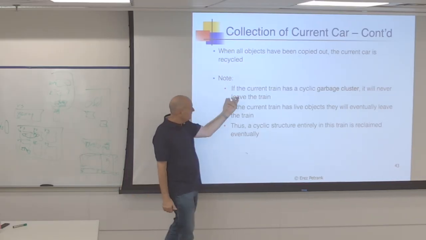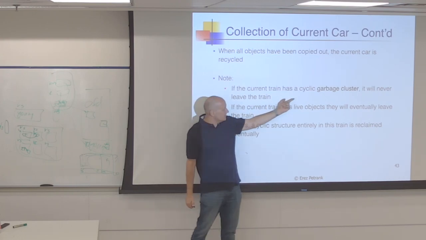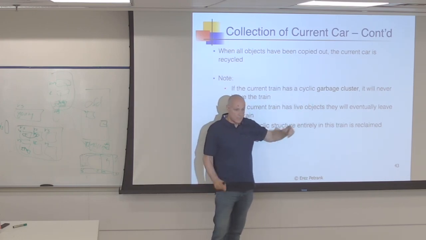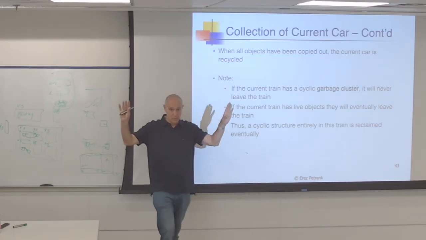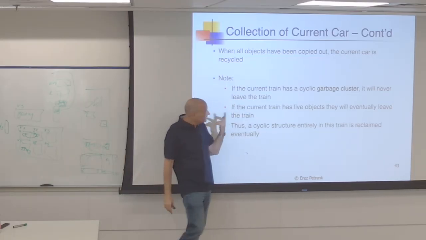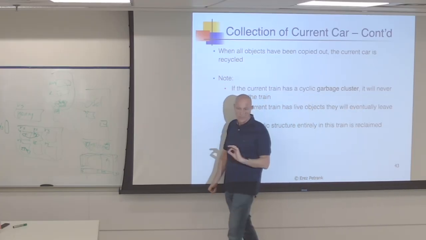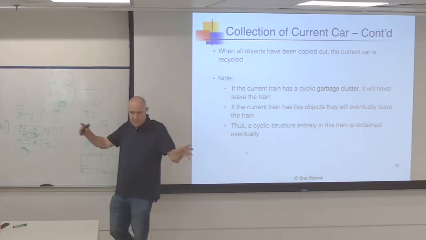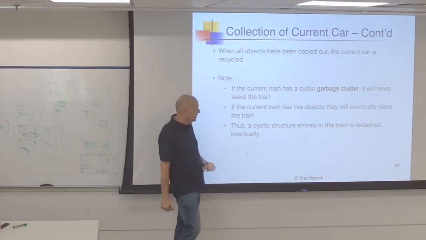And the interesting thing is, if the current train has a cyclic garbage cluster, some strongly connected component that is not reachable from outside the train, any object in this cluster will never leave the train, because if it's not reachable from outside the train, then it will never leave this train.